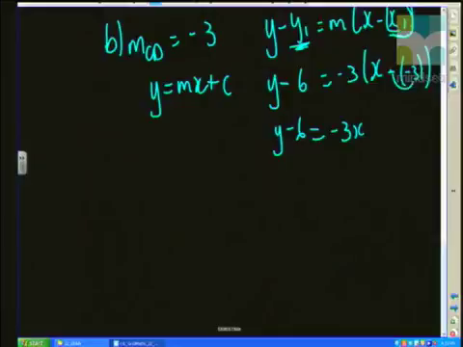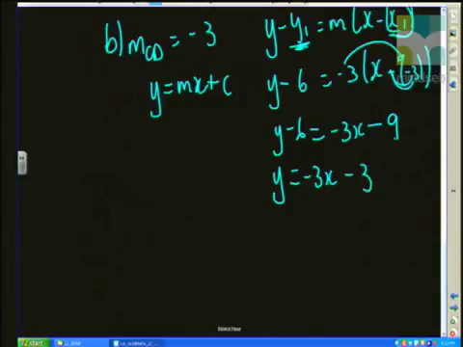Minus times a minus is a plus 3. Take the negative, multiply it through. So plus 3 times negative 3 is going to give me negative 9. All right. Take the 6 over to the other side, so I get y equals minus 3x minus 9 plus 6, which will give me minus 3. All right, and that's the equation of line CD.